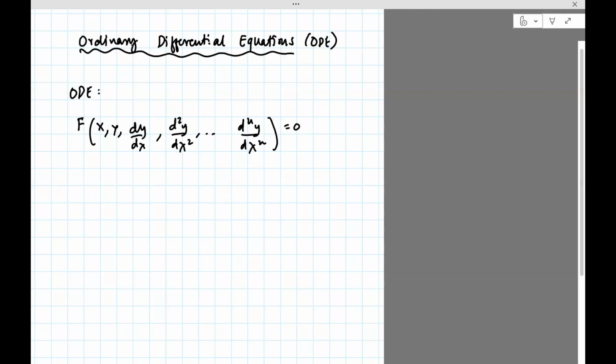It could also be a function of the derivatives. So that equation equal to 0, where x is the independent variable, a common one is time, and y is the dependent variable. Okay, so y depends on x.